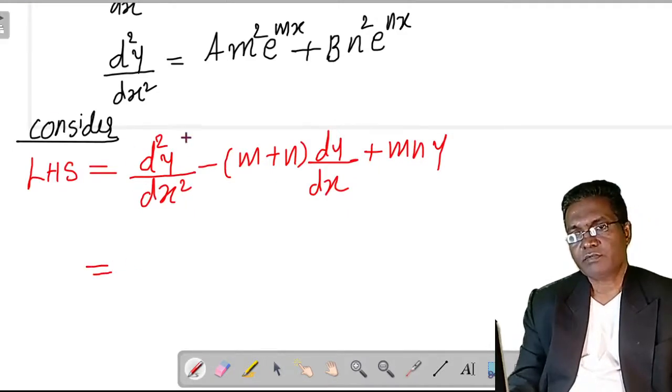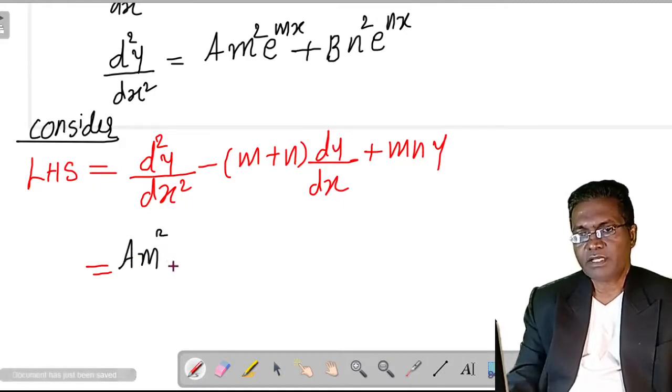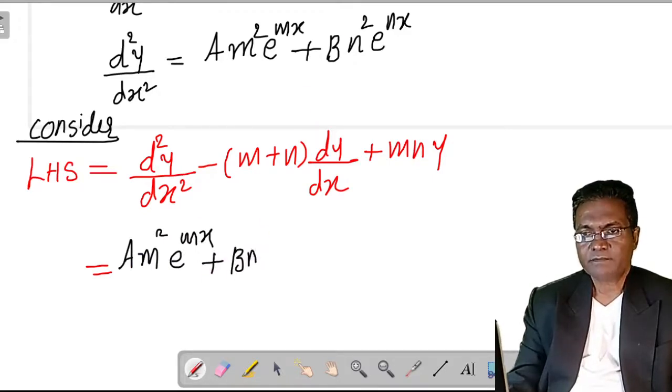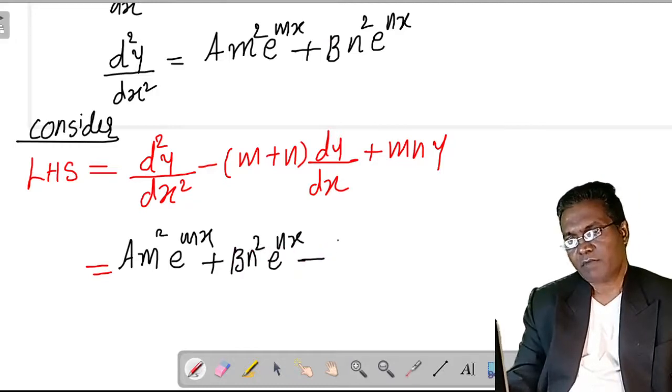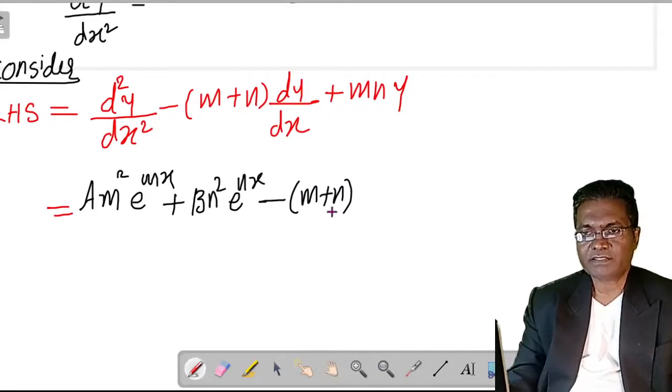So what is the value of this? It is a m square e power mx plus b n square e power nx minus m plus n into what is dy by dx.